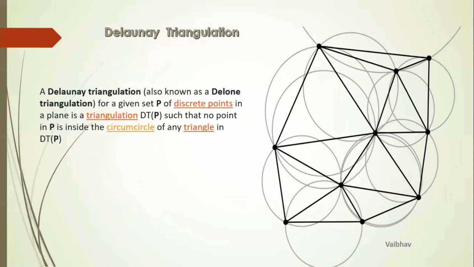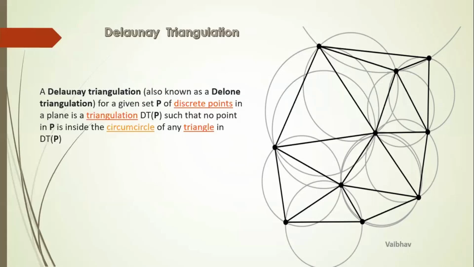On the screen, you can see we have a set of points. If we connect those points, we have a set of triangles. Each triangle has a circumcircle drawn to it. Every triangle has a circumcircle that encloses all of its edges and vertices. If we observe carefully, no point in this plane is inside the circumcircle of any triangle.